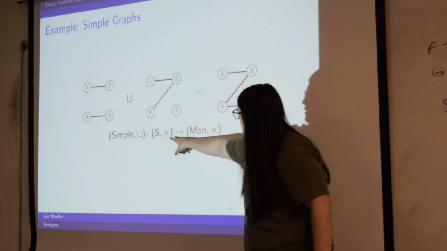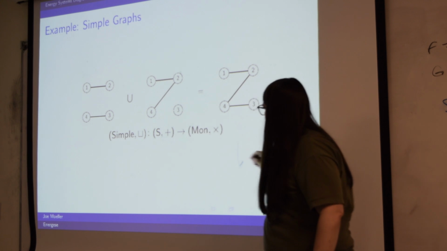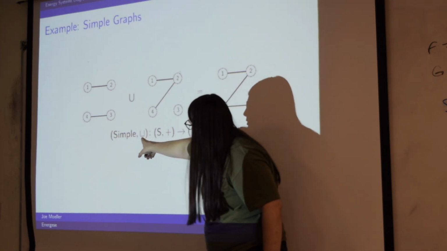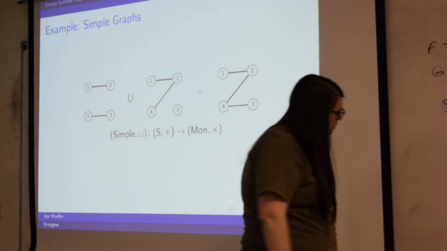And this, I think I already convinced you before, or at least I described it, how this was a functor. And now I'm saying that the laxator is disjoint union.